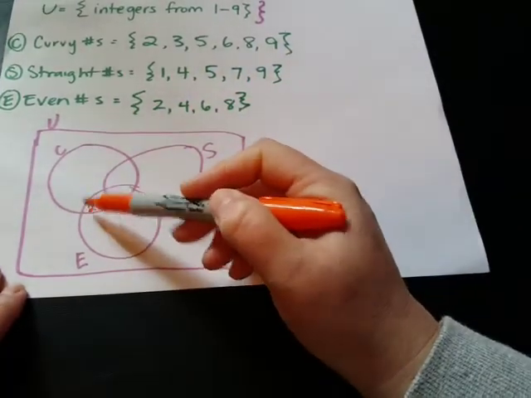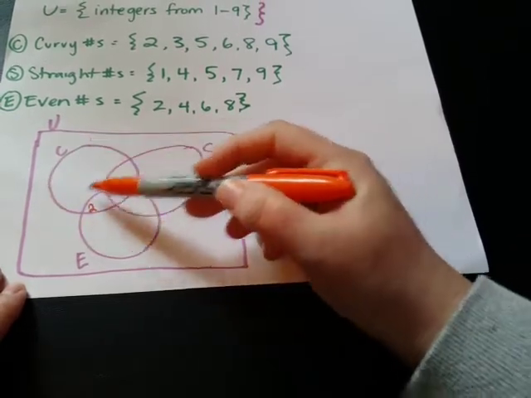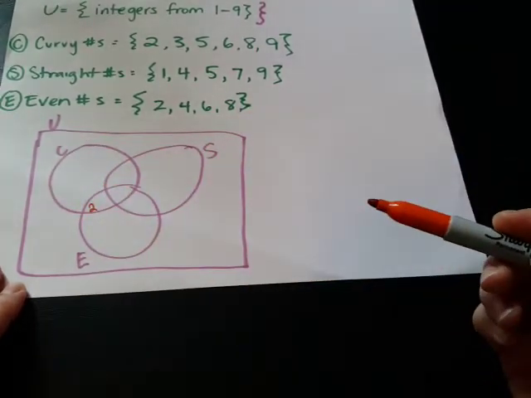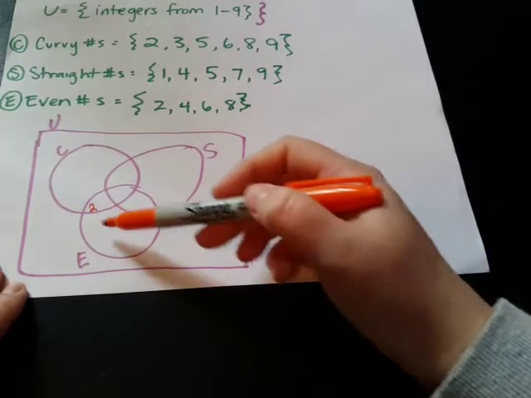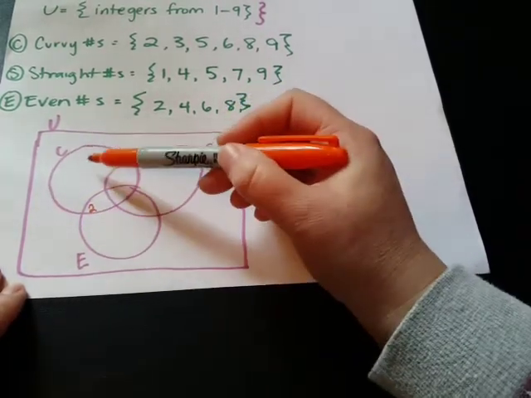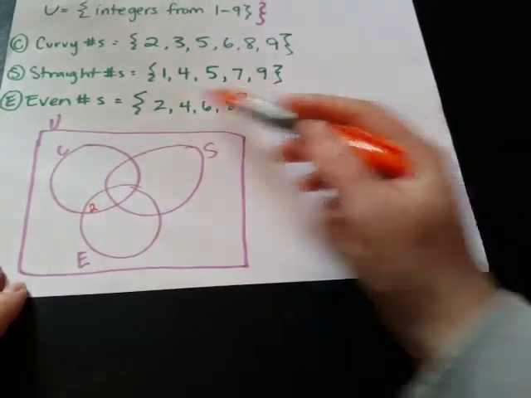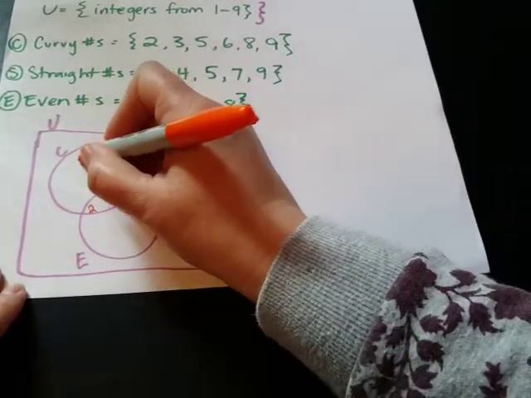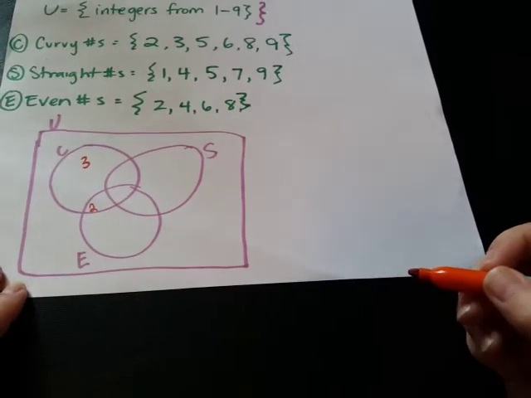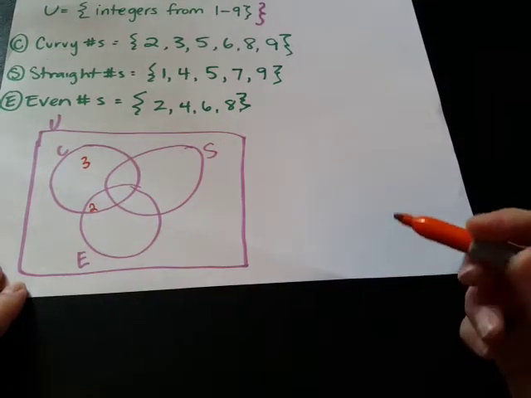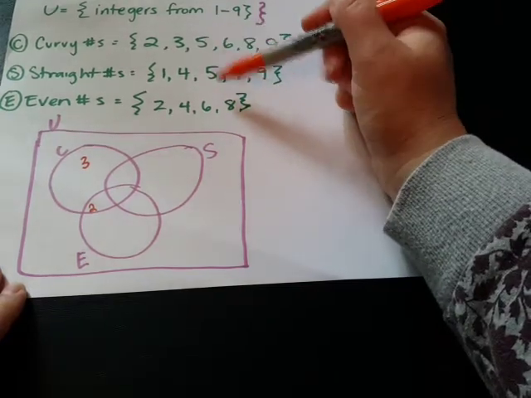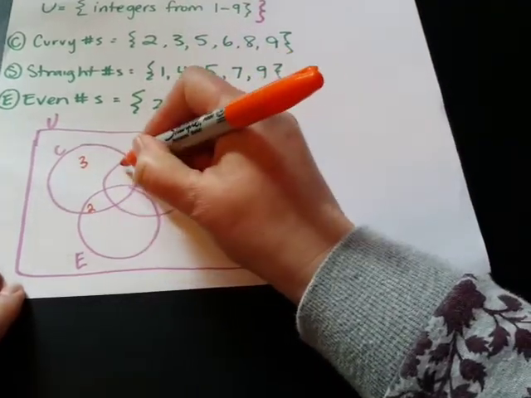It's showing that it's within the set of the curvy numbers and within the set of the even numbers. 3 is not within the set of even numbers. It's just a curvy number, and it's not in the set of straight numbers. So I would put 3 here. 5 is both curvy and straight. We can see it within both of those sets, but not even.